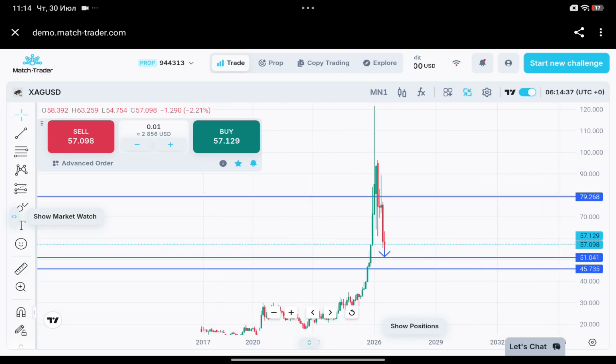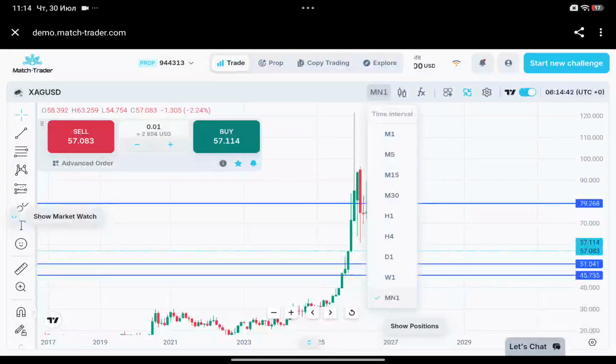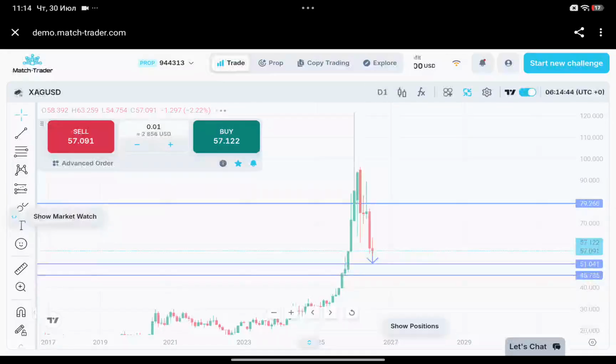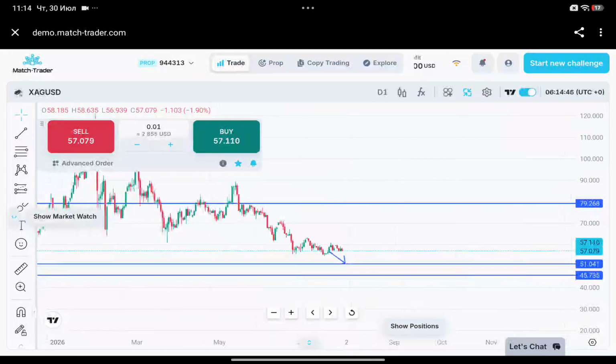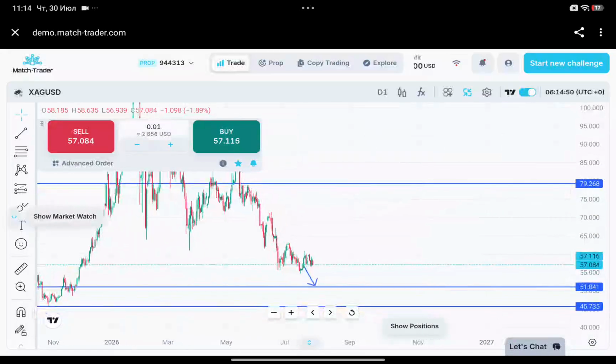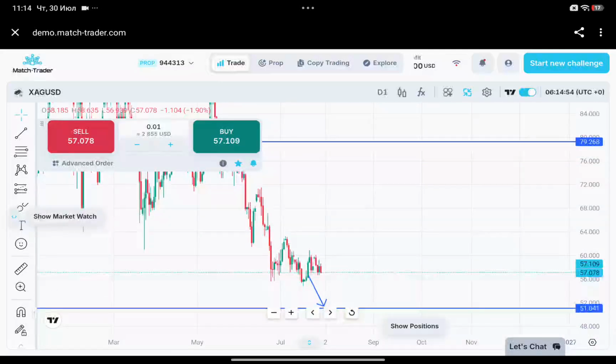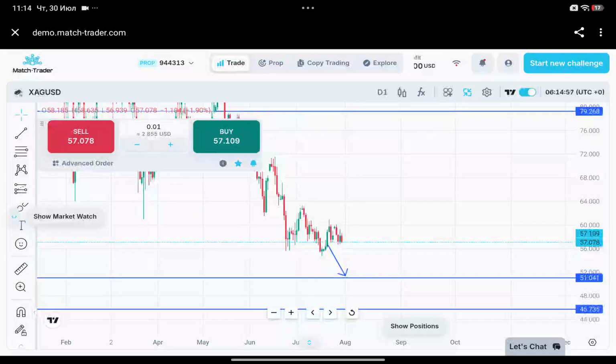Now we're gonna go to the silver chart. I'm gonna change the timeframe to daily. As you can see, silver is kind of going bearish right now. This is what I've done.